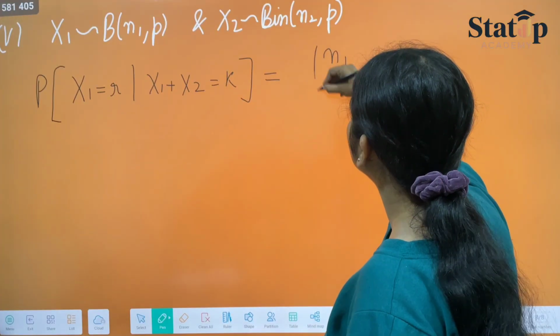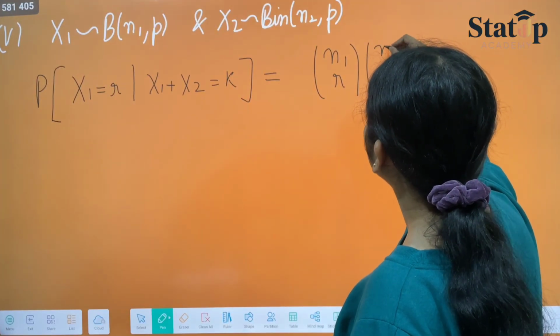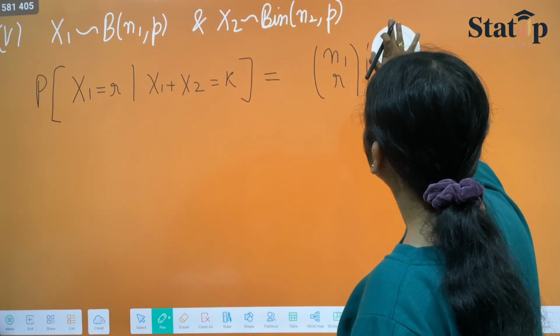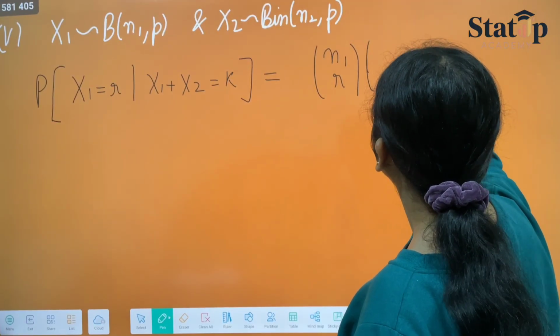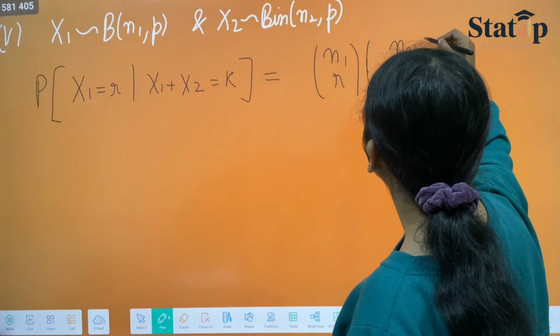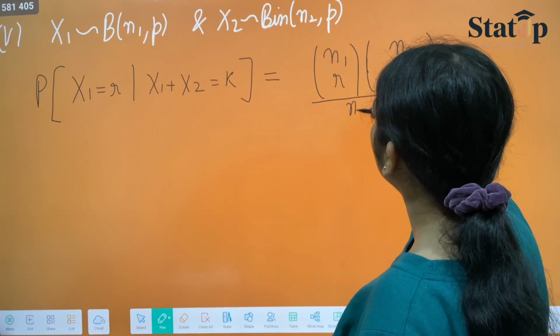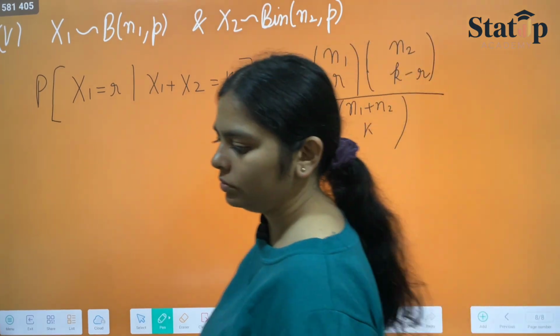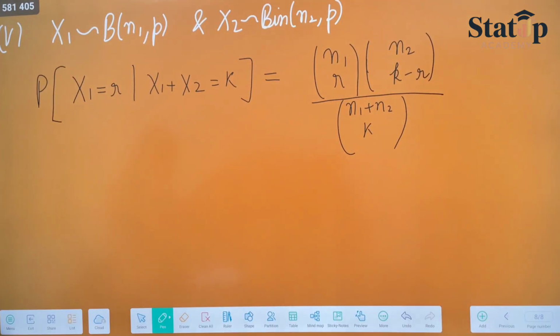n1 C r into n2 C (k minus r) upon (n1 plus n2) C k.